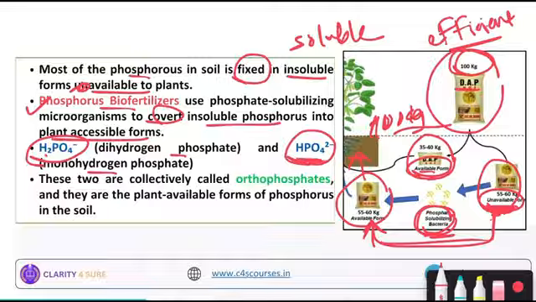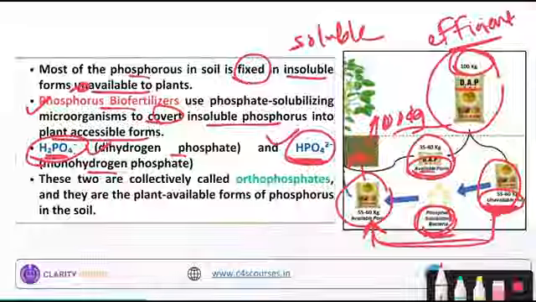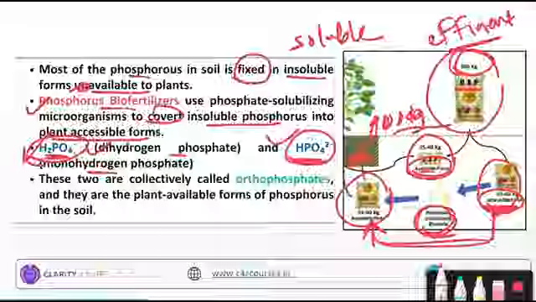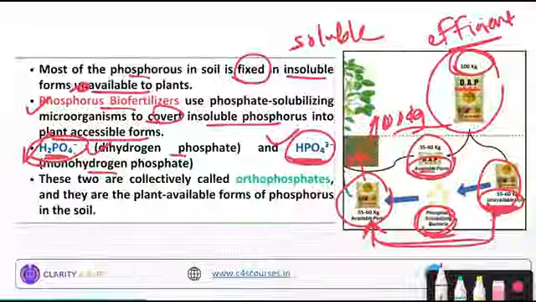Our motive is to convert phosphorus into this form, because these are the only two which are soluble and available to the roots, that is H2PO4 minus and HPO4 2 minus.